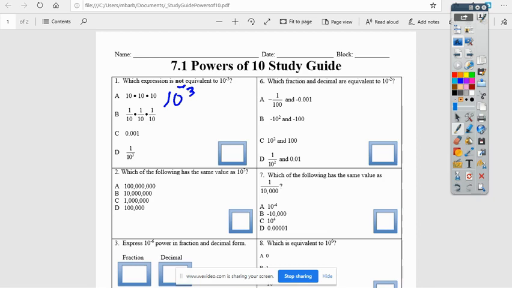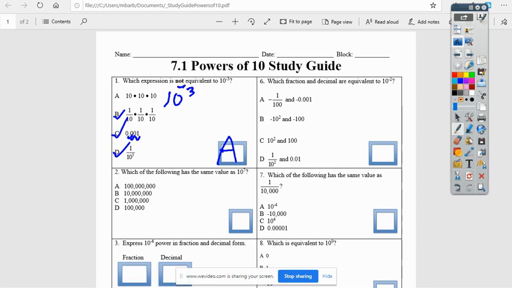That would be the same as saying 10 to the negative third. That's correct. And if you move your decimal over 3 spots, it does still work for 10 to the negative third. And you can also write it as 1 over 10 to the third power. So that is correct. So it is A.